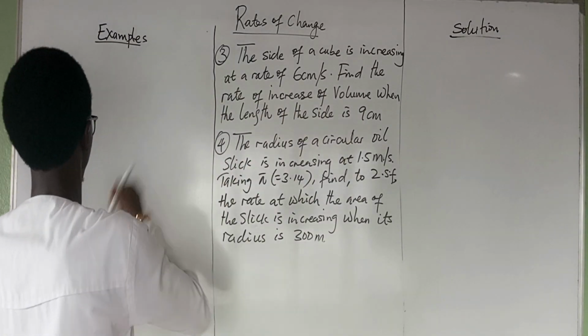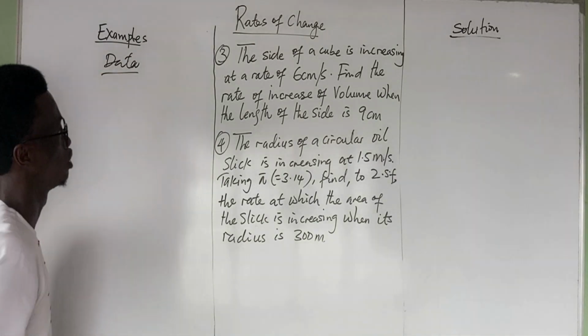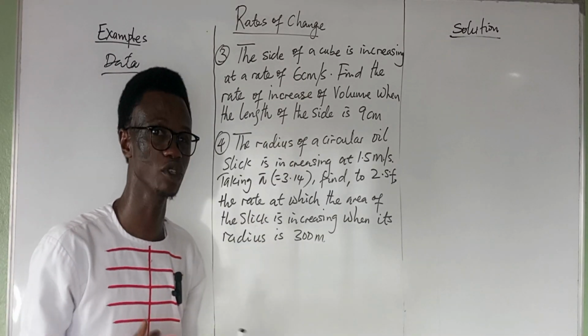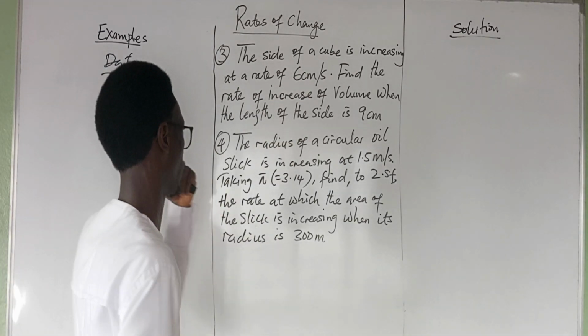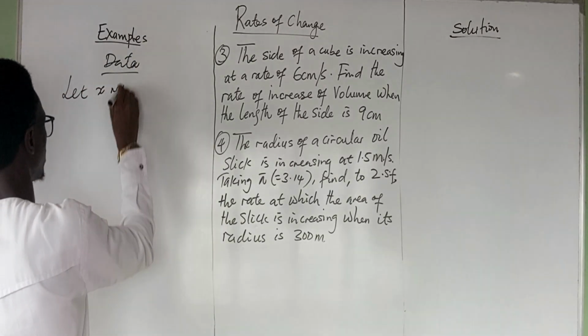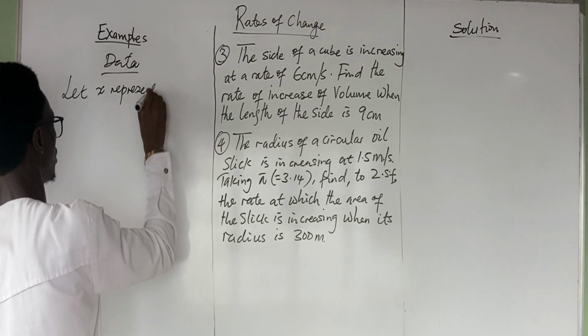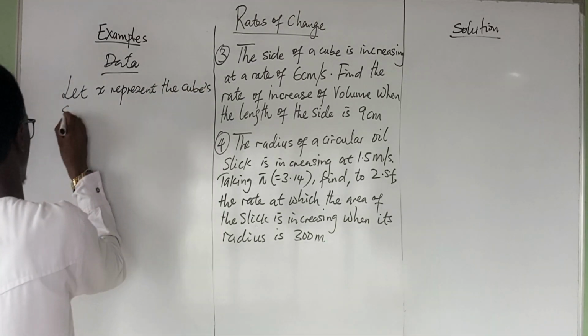So again, we are going to use this idea. We are told the side of a cube, but we don't know its value, so we can just take a letter to be the side of the cube. We can let x represent the cube's side.